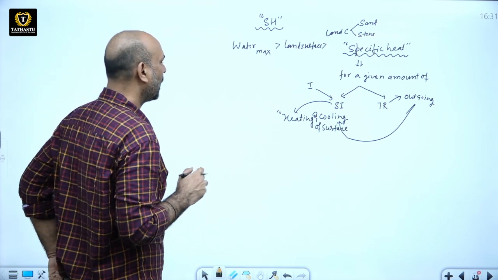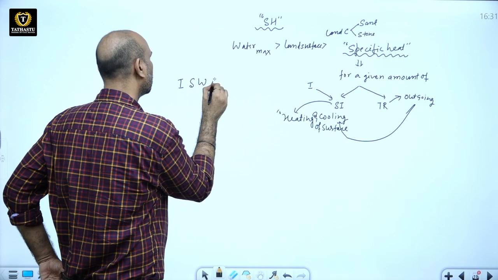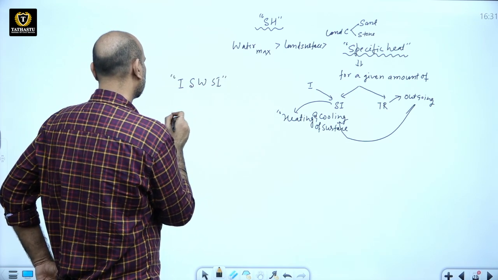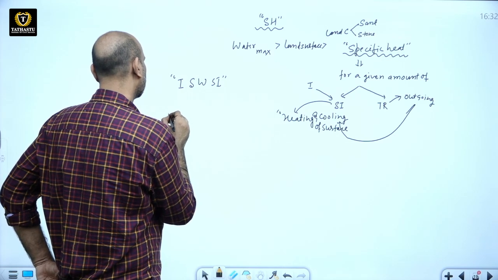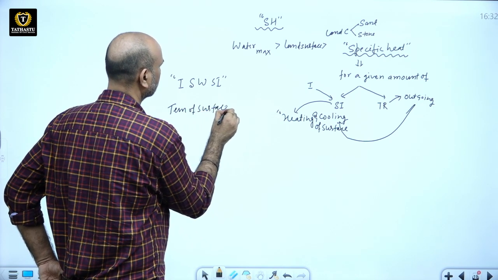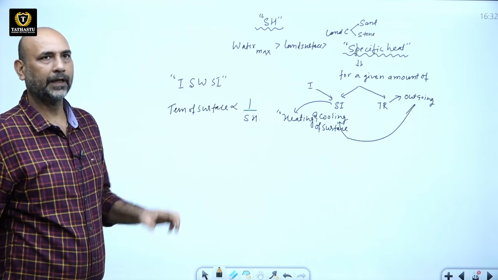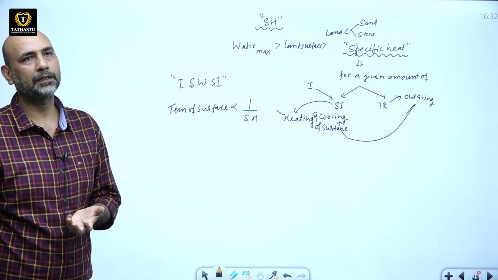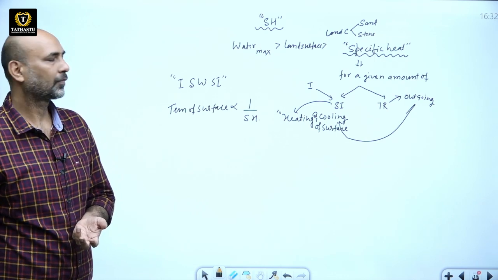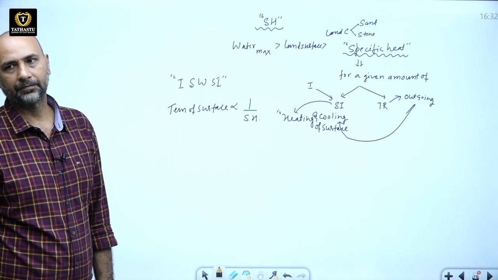So, for a given amount of incoming shortwave solar insolation which is absorbed and retained by a given surface, the temperature of the surface is inversely proportional to specific heat.